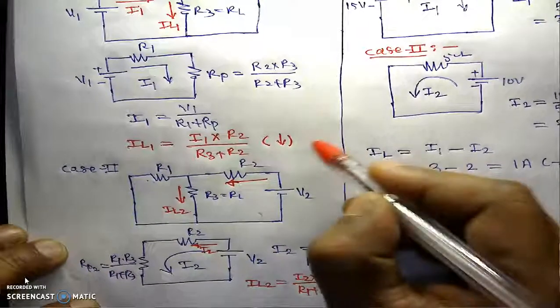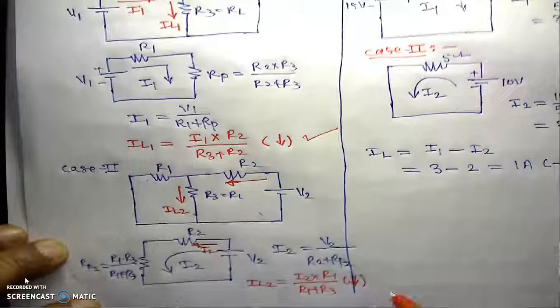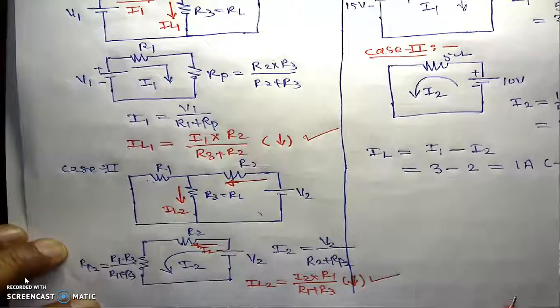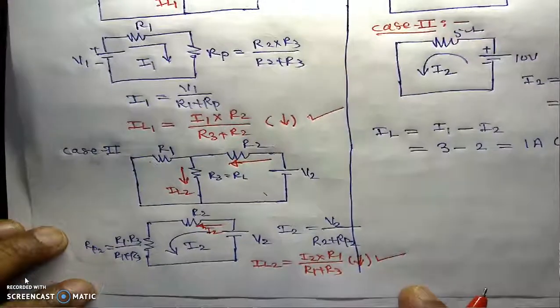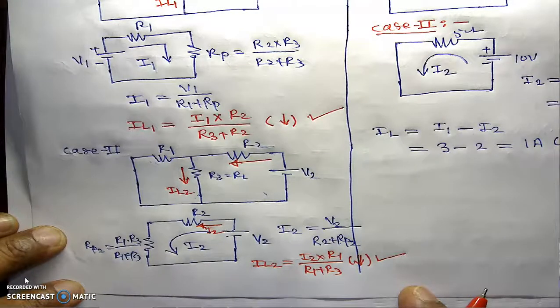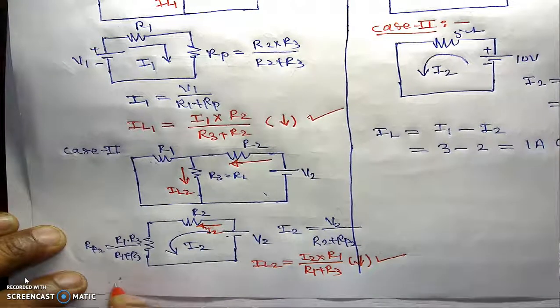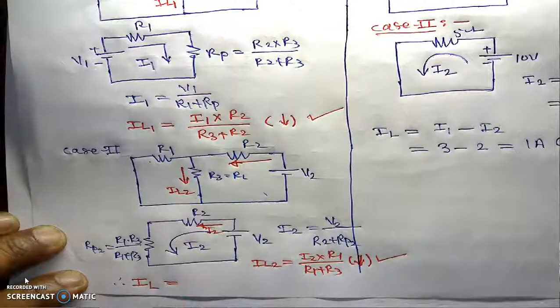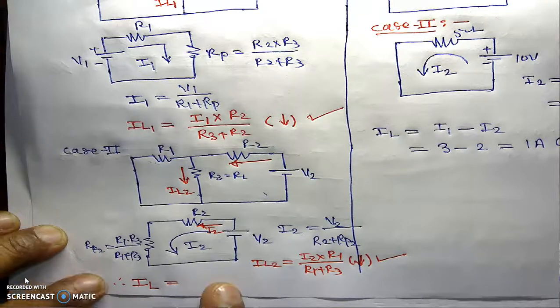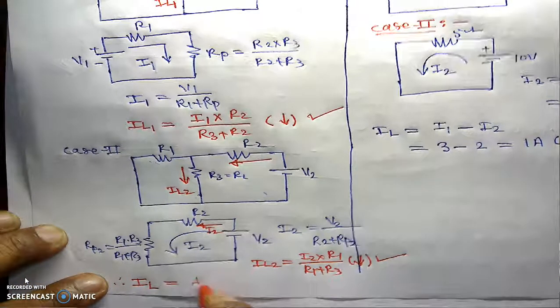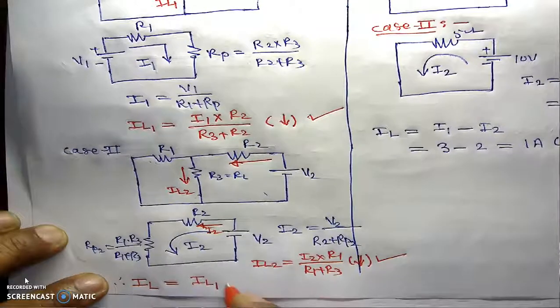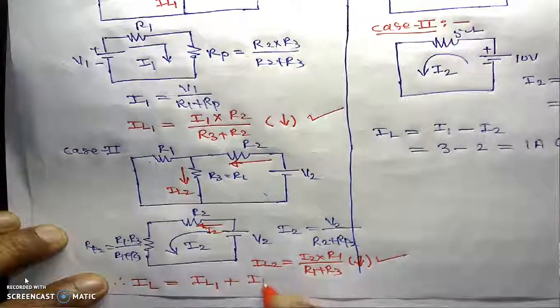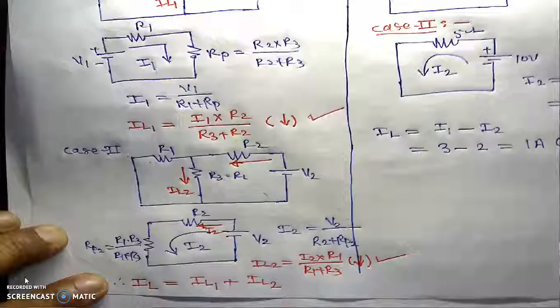Now look, the first current is downward, and the second current is also downward. That's why the direction of current in both cases is the same, and that's what the superposition principle says. The total or resultant current according to the superposition theorem is equal to the current in the load resistance for the first source plus the current in the load resistance for the second source, that is IL2.